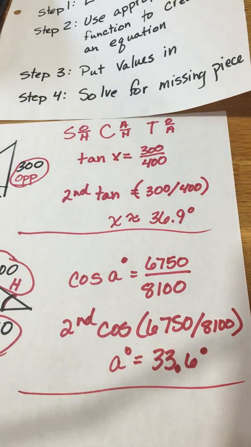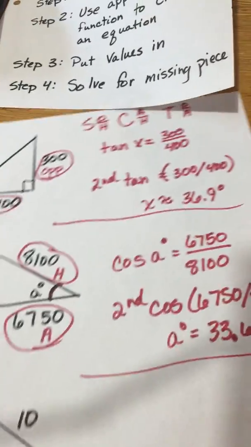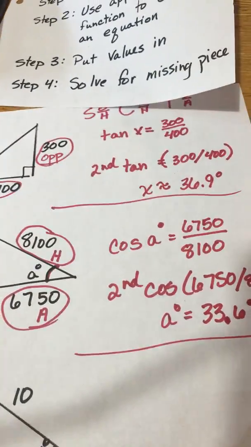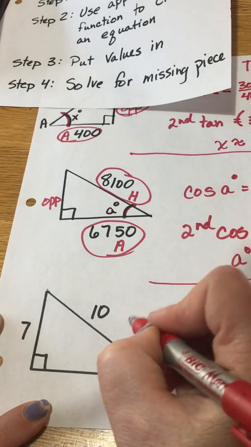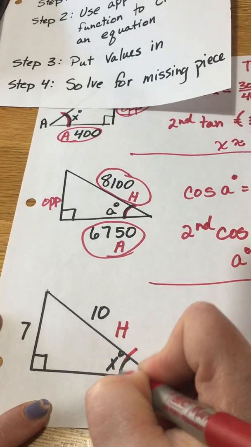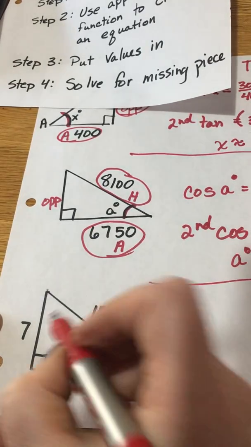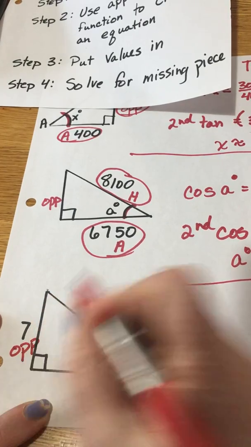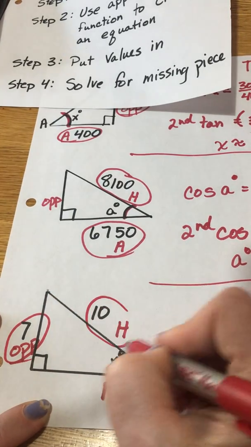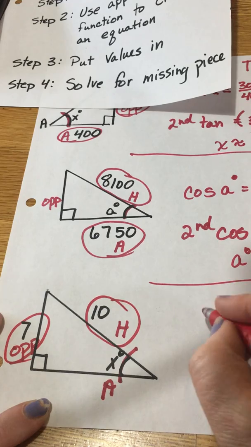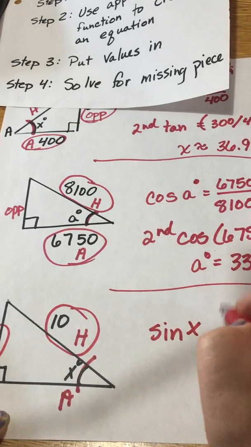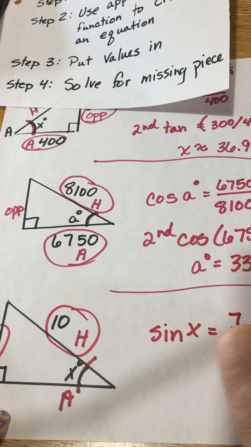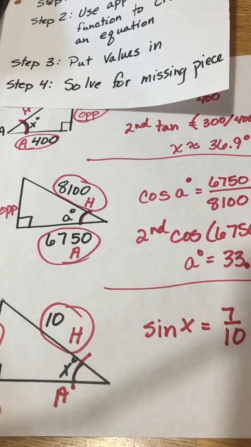The only one we haven't done yet is sine. Real quick, I'm going to show you this last one. We have H across. I'm playing keep away, here's my A, here's my opposite. I have values at O and at H, and O and H would be sine. So sine of x is equal to opposite, 7, over hypotenuse, 10.